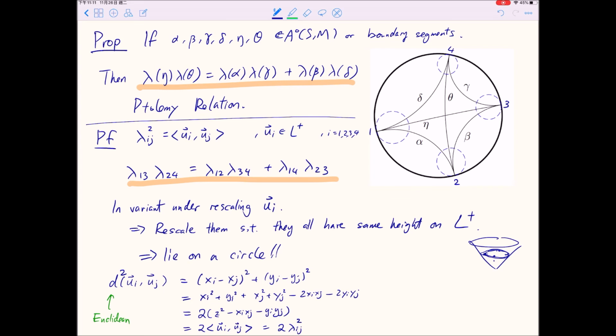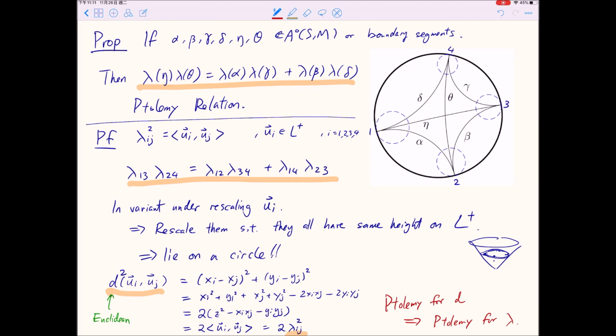So since we know that the Euclidean distance satisfies the classical Ptolemy relation, then we conclude that the lambda length also satisfies the Ptolemy relation. So let me just write here: Ptolemy for the classical Euclidean distance implies the Ptolemy for the lambda length.